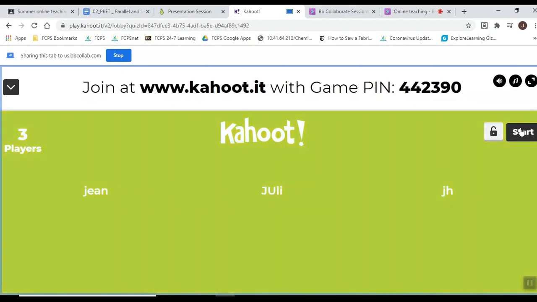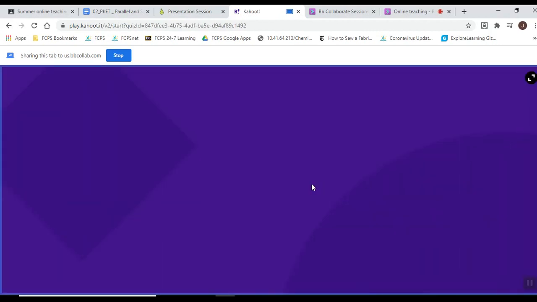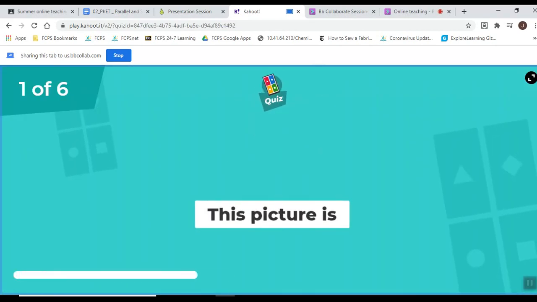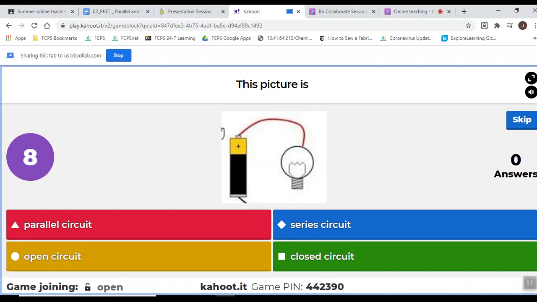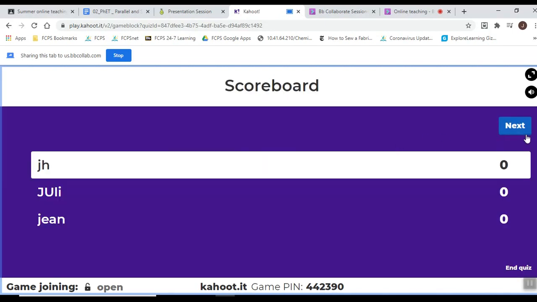All right. So when you see the picture, I want to know which of those words best describes the picture. Okay, that is an open circuit because the wire didn't touch the bottom. Good job.